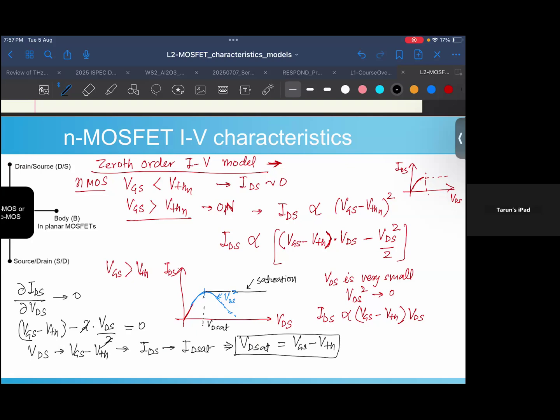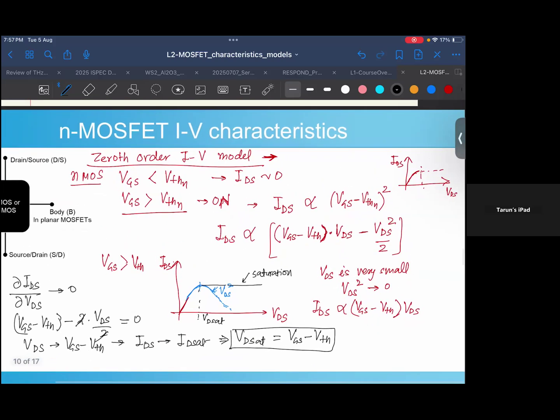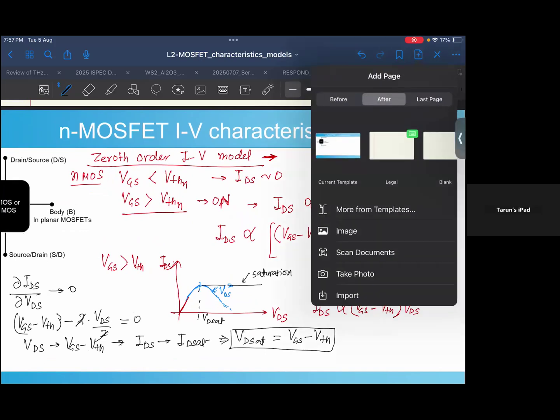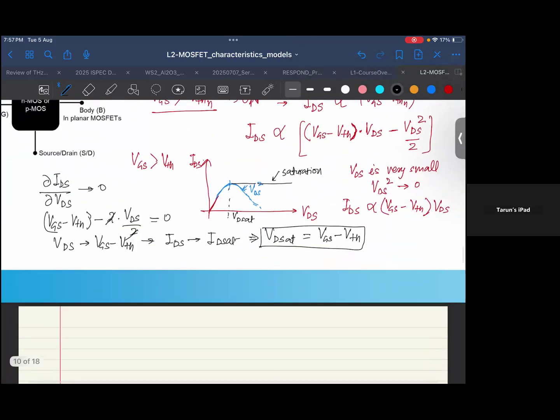Now if I know that my current saturates at this point, then I can put this VDS value in my formula of IDS. So IDS then becomes proportional to, and this is VD sat because I'm calculating at VDS equal to VD sat, right? VGS minus VTH stays the same, and for VDS we just need to put VD sat.